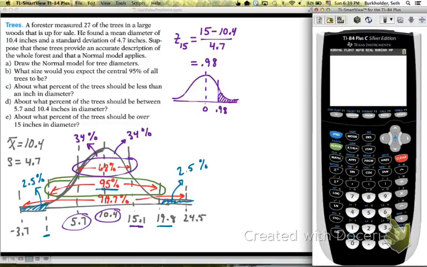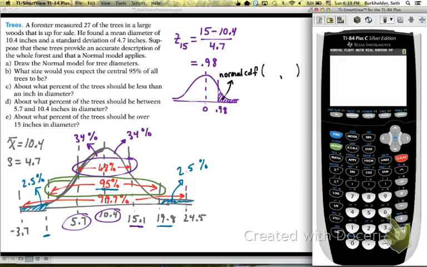Now, to calculate that value, we need to use the normalcdf command on our calculator. So to find that area right there, we're going to compute normalcdf, and with normalcdf you simply input the 2 standard deviations that you're trying to find the area between.